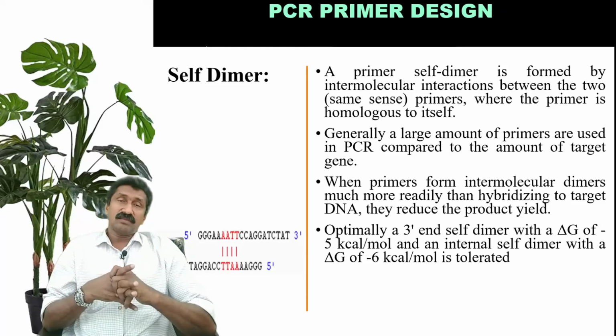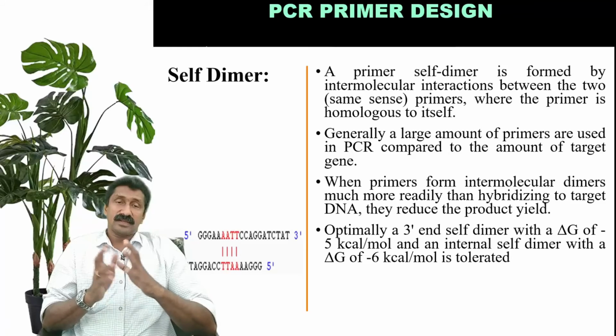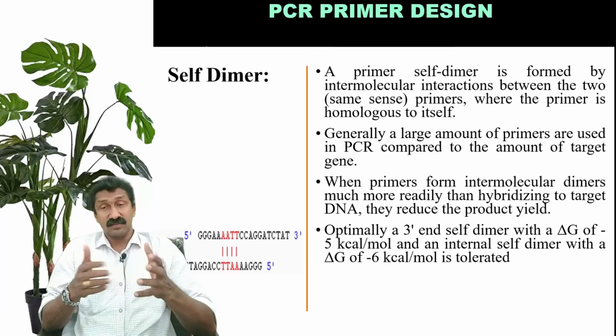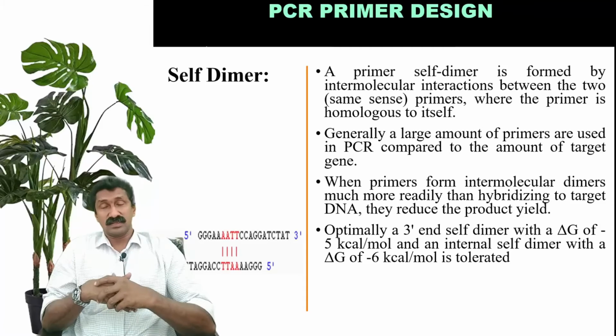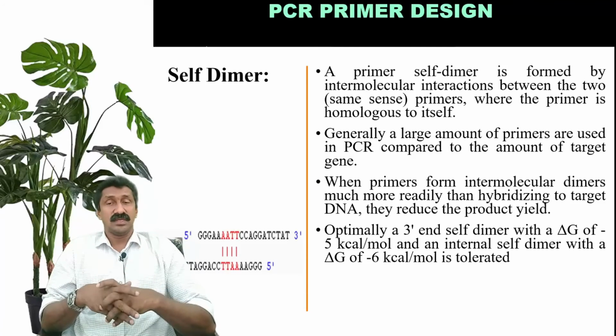Optimally, a 3' end self-dimer with a delta G of -5 kcal per mole and an internal self-dimer with a delta G of -6 kcal per mole is tolerated. So this is the allowable range of the energy level of self-dimers in a PCR reaction, and this much self-complementarity is tolerated, above which it is not acceptable.